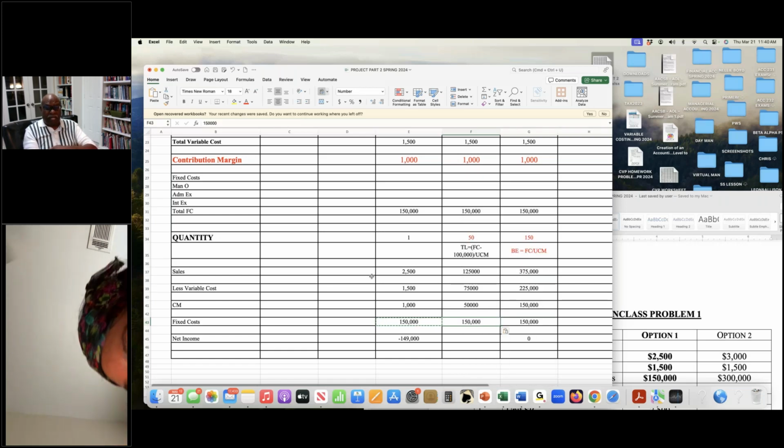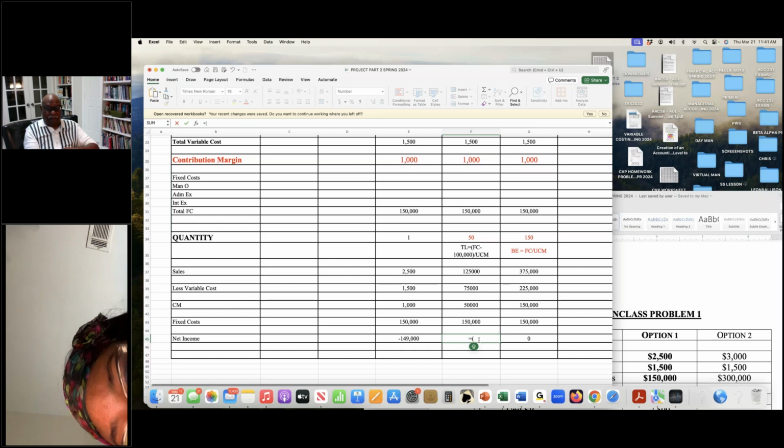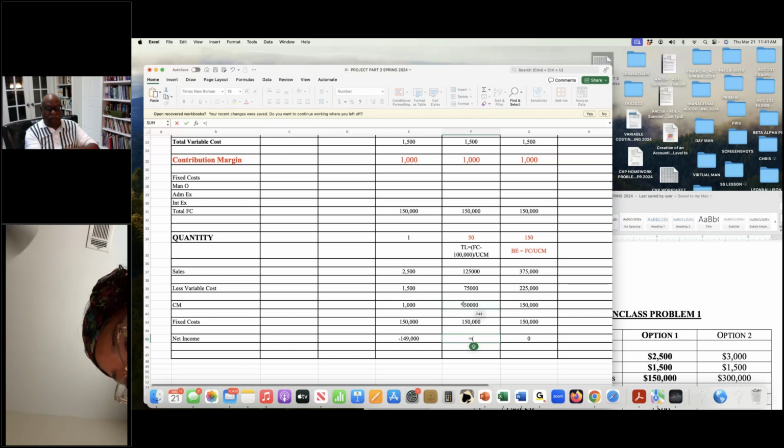Should have put an equation in, but I didn't. So what's our net loss going to be in this situation? 100,000. How do we get 100,000? You subtract. It has the $100,000 loss.